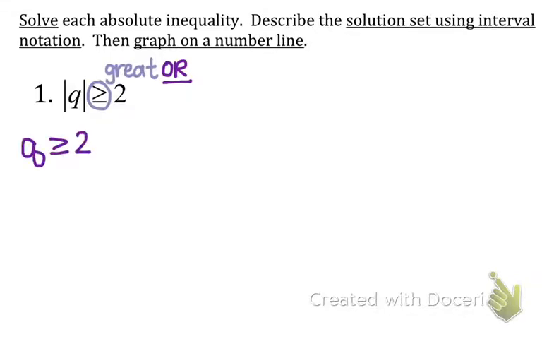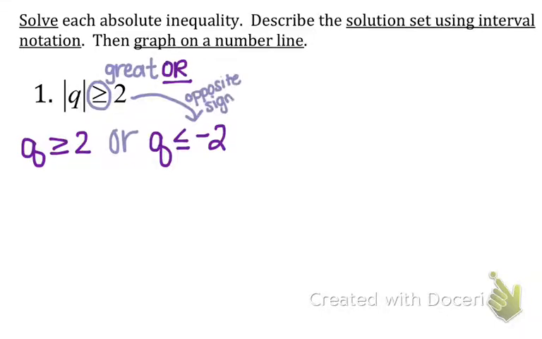So we have Q is greater than or equal to 2, or Q is less than or equal to negative 2. Notice that in the second inequality, we've flipped the inequality sign as well as the sign of the solution. So we have negative 2, which is the opposite of positive 2.